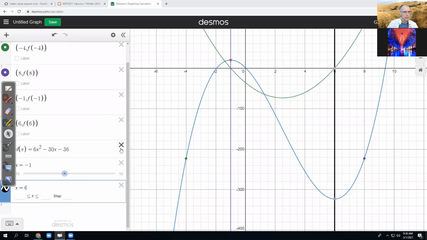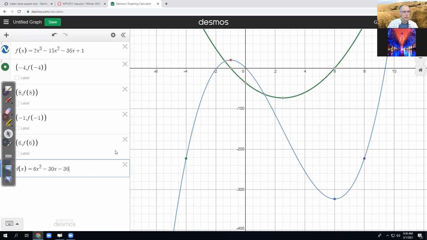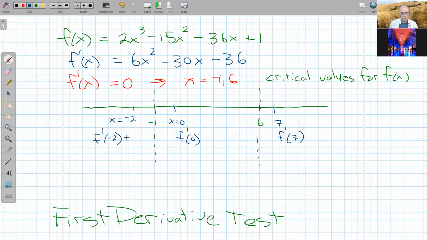Let's see. This picture got a little bit too busy. Well, I want to know what's the derivative at -2. That's 48. So that means we have a positive slope. The function is increasing.